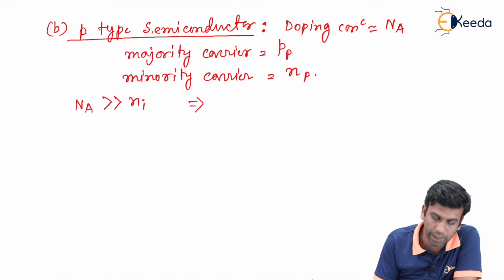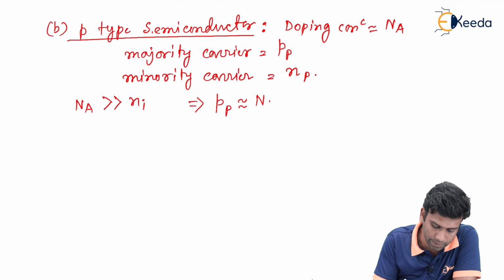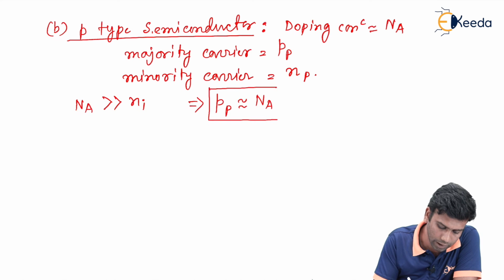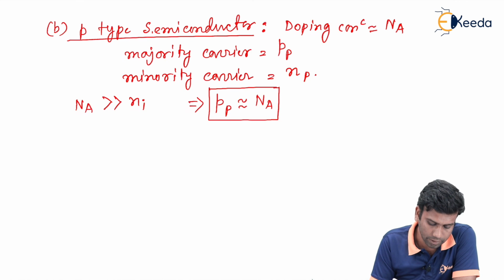We also know that in the P-type semiconductor, the hole concentration, that is Pp, is nearly equal to the acceptor ion concentration, and this will give the majority carrier concentration inside the P-type semiconductor when the doping concentration is very much greater than the intrinsic carrier concentration.